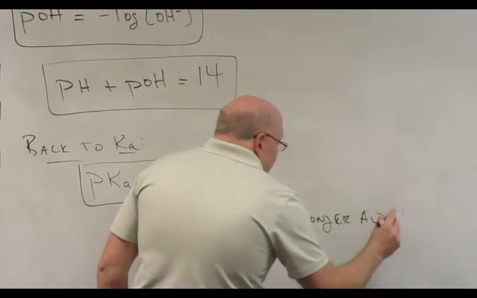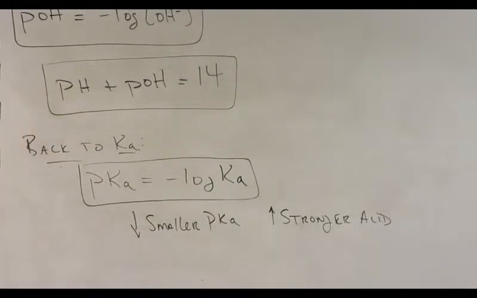The reason that's opposite of what we saw with the K's is because we took the negative log of it, which changes the sign. So if they give you two acids and two pKa's, just look at those numbers. The one that has the smaller number is the stronger of the two.